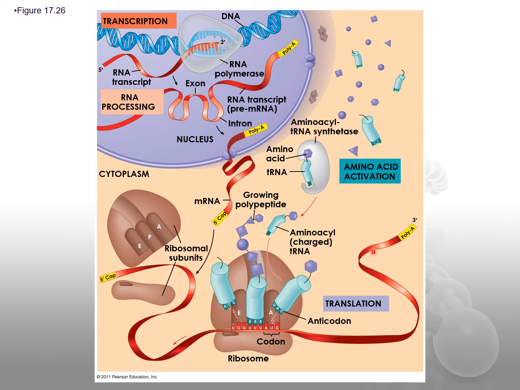Translation is basically the reading, or deciphering, of the code which is in the messenger RNA. Remember that codon table? Those are messenger RNA codons. And remember, the transfer RNAs have the anticodons. The anticodons are like being able to decipher a secret code, right?